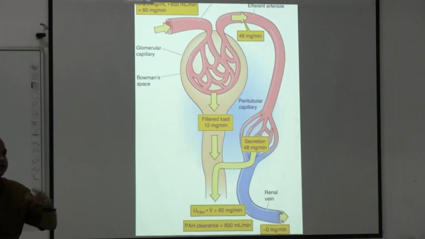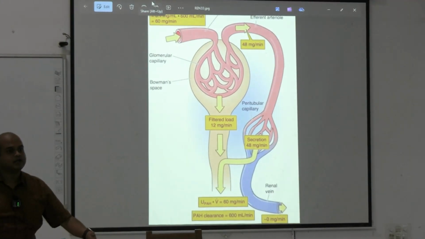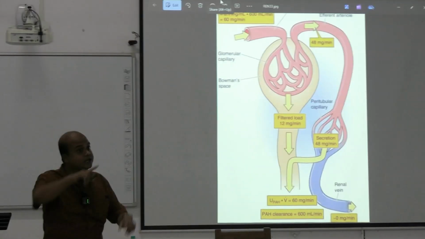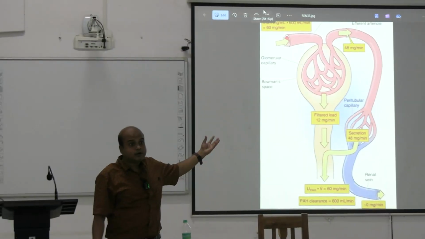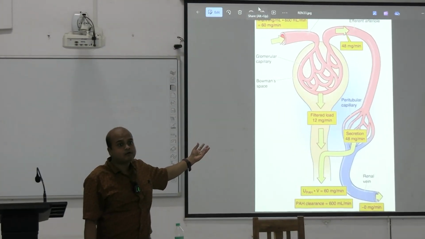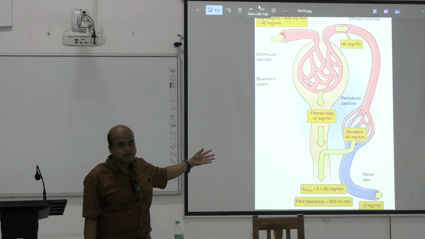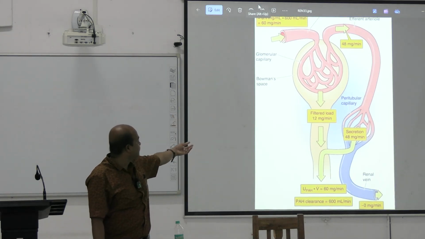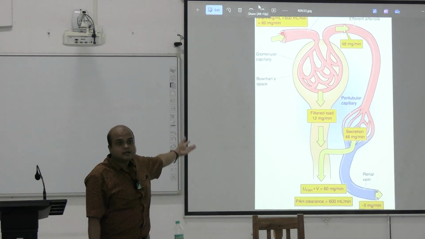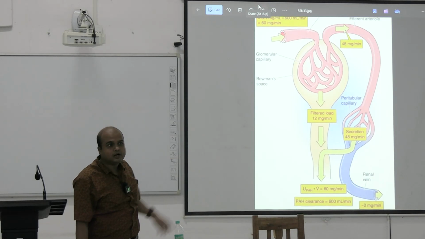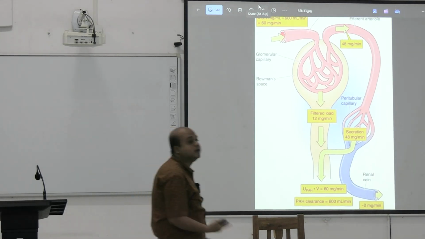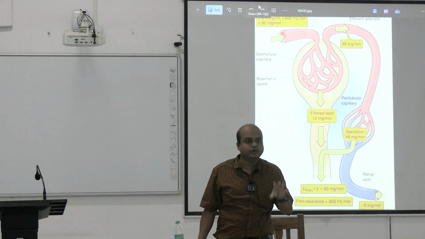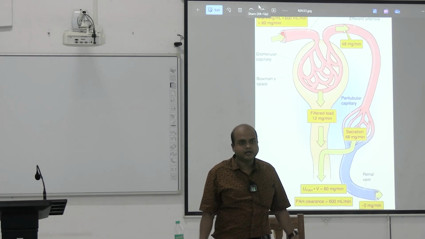Remember, inulin and creatinine will be freely filtered in the glomerulus, but PAH is not. PAH will go out through urine, but only 20% of renal blood flow is GFR. So only a little PAH is filtered. Out of 60 milligram per minute, 12 milligram per minute is the filtered load. Filtered load is in milligram per minute or maybe in millimole per minute, so unit of mass in unit time.